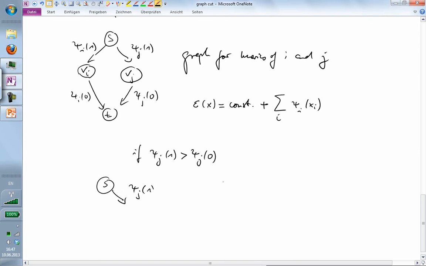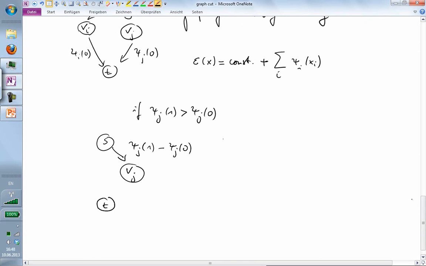So this would be psi j of 1 minus psi j of 0. I'm only concentrating on node j now, so I'm omitting node i. And here we have an edge of capacity 0.